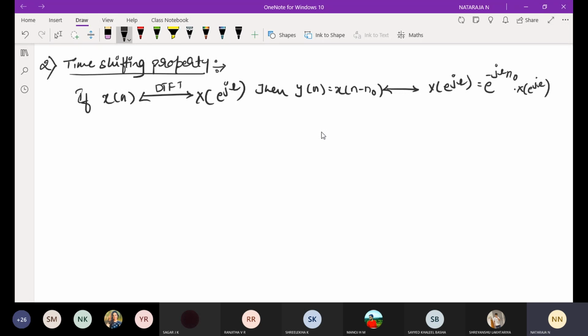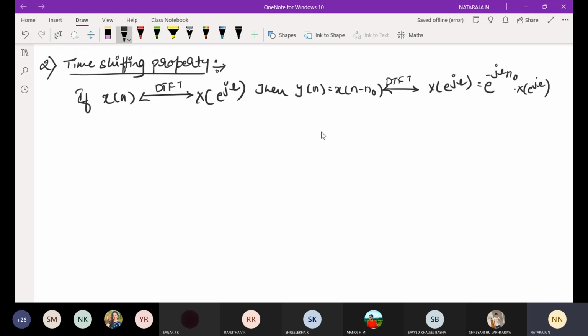We need to prove that if the DTFT of x of n is x of e power j omega, then for y of n equal to x of n minus n naught, we get the DTFT.